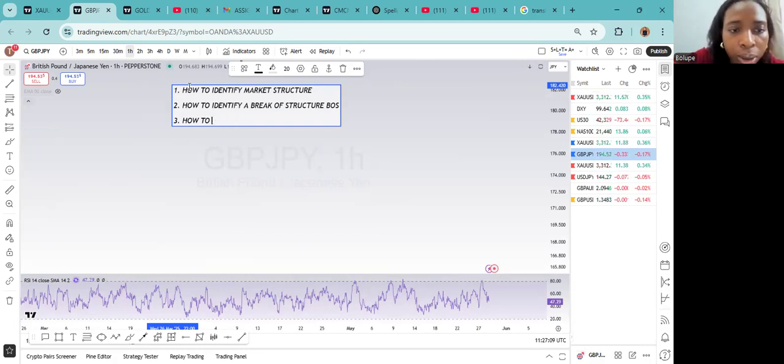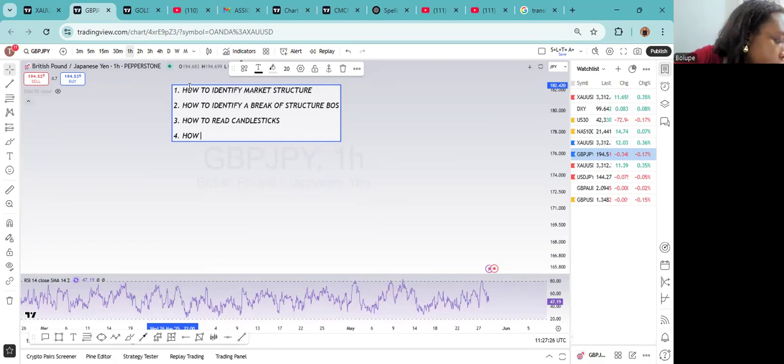How to read candlesticks, so candlestick momentum, I think it's only for how to, because I wrote break of structure twice. Okay, trend lines.